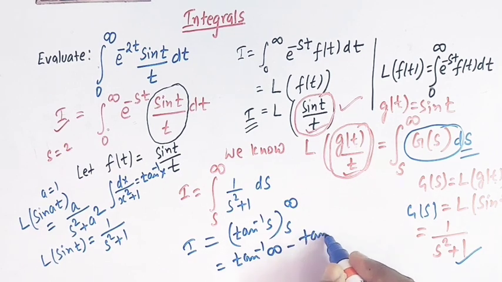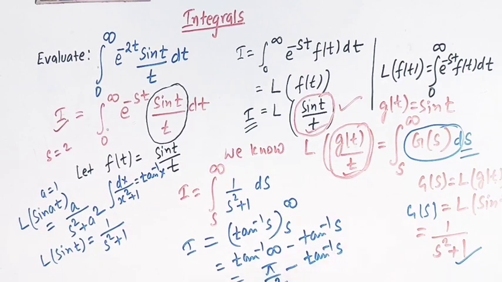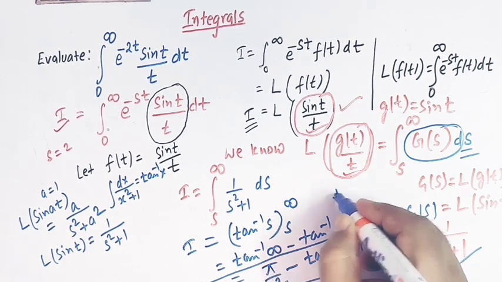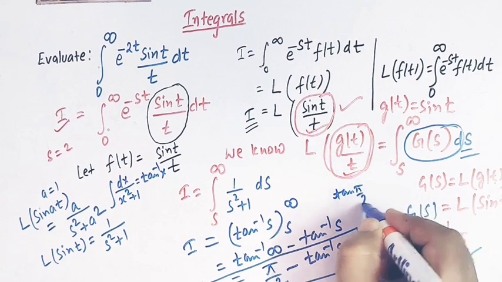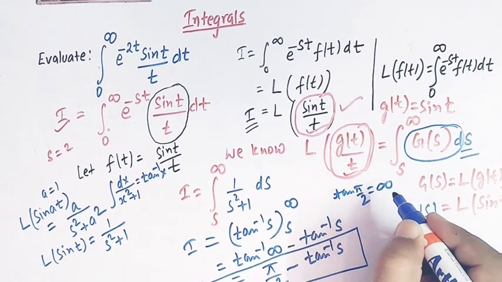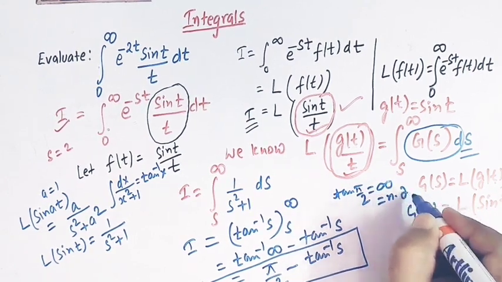So we have tan inverse infinity minus tan inverse of s, and tan inverse infinity is pi by 2, because tan of pi by 2 is infinity, which is not defined.